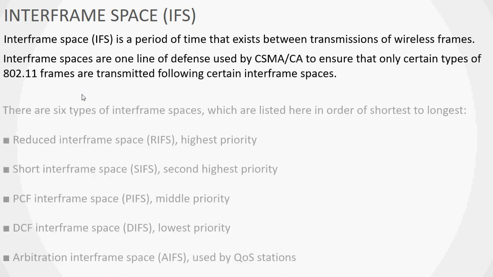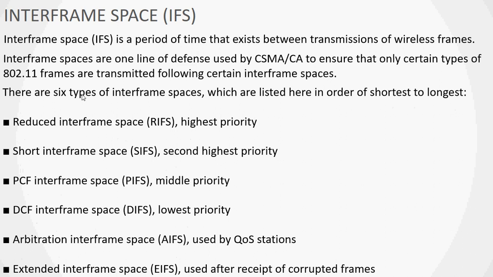There are six types of interframe spaces, listed here in order from shortest to longest. First is the highest priority: if you send RIFS, reduced interframe space, then it has the highest priority. Then the short interframe space, second highest priority. Then PCF, DCF, arbitration interframe space, and extended interframe space.